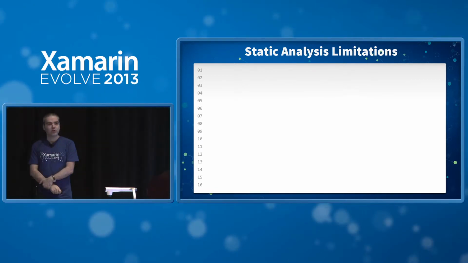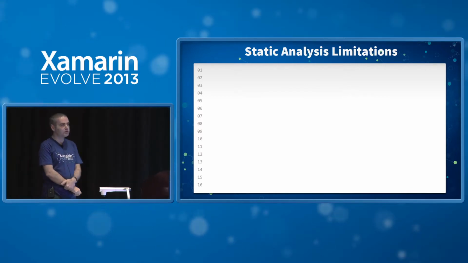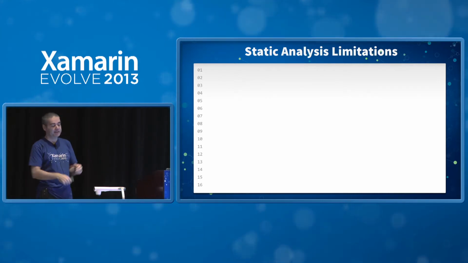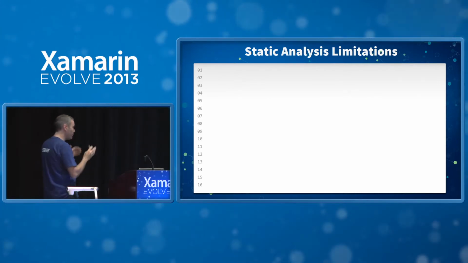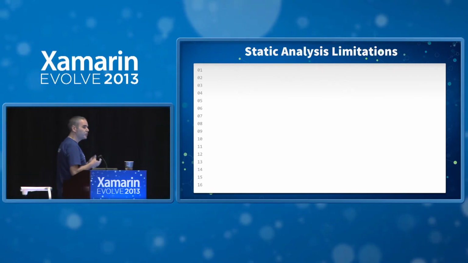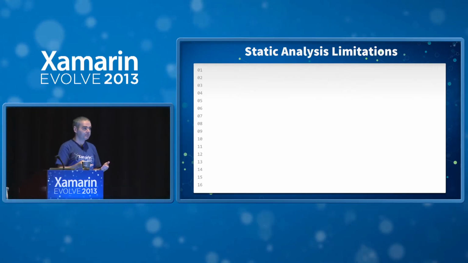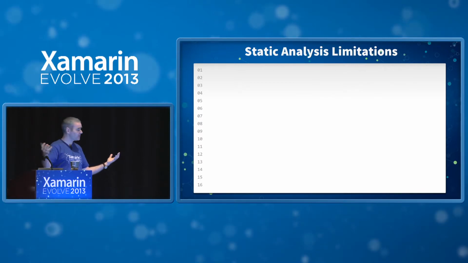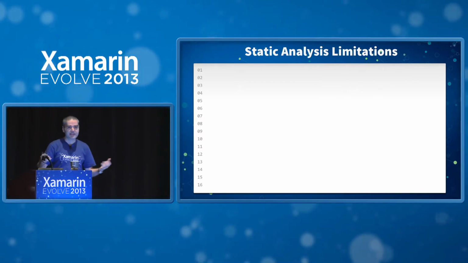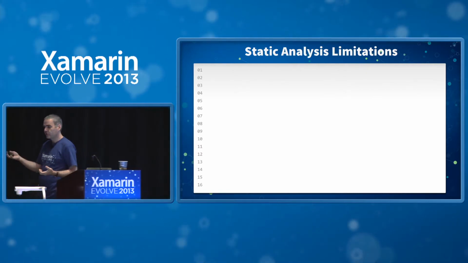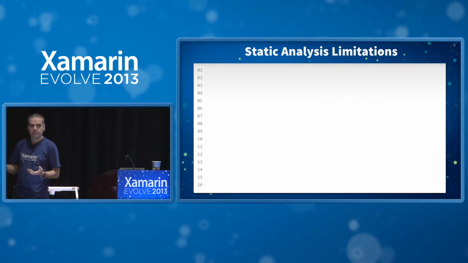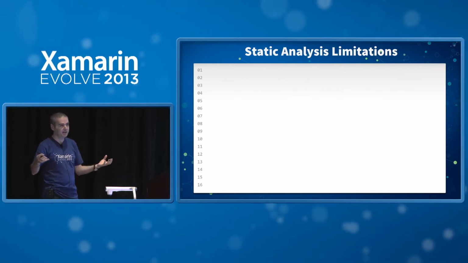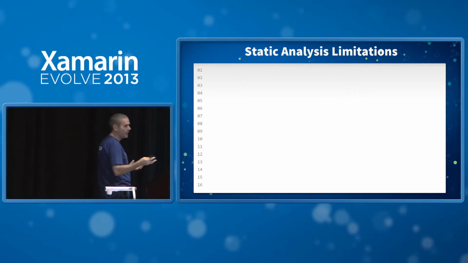Well, it turns out that field service uses SQLite.net for its database access, and it's a great library, and a very smart library. It uses reflection on your types to map your types with the database tables. Well, static analysis and reflection don't work together. Static analysis cannot deal with the dynamic nature of reflection. It needs help.